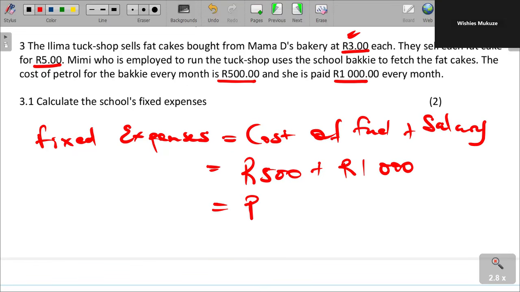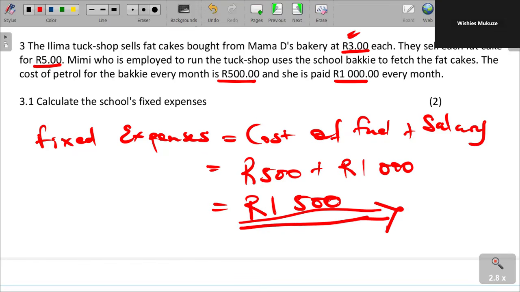When we add this, we get 1,500. 1,500 identifies the fixed expenses this school has to pay, cost of fuel plus the salary. That is what we should understand in this case.